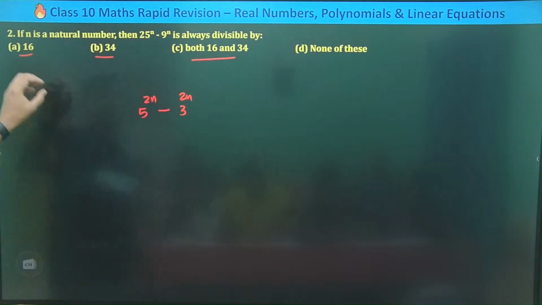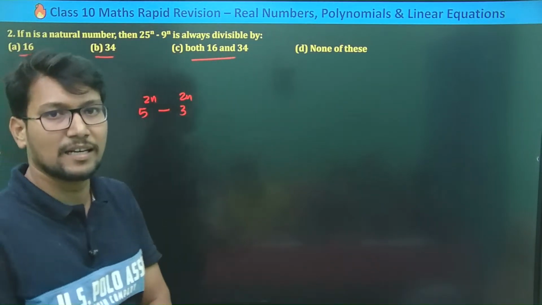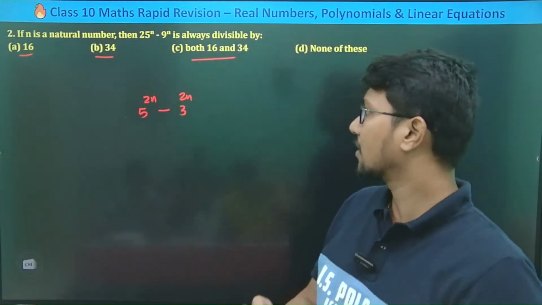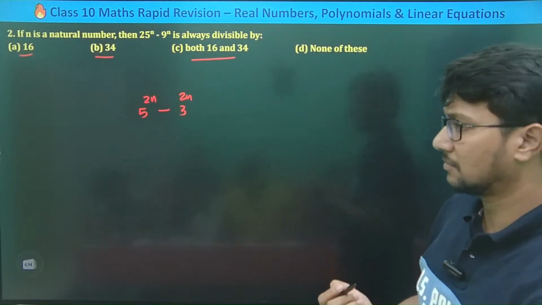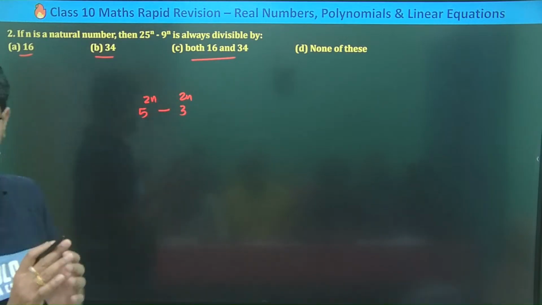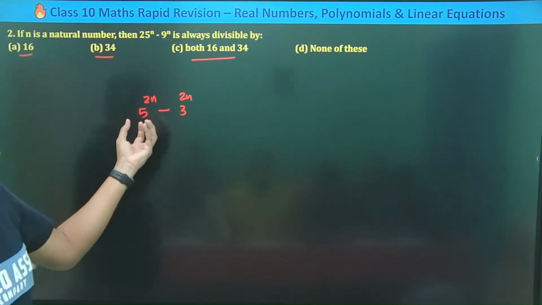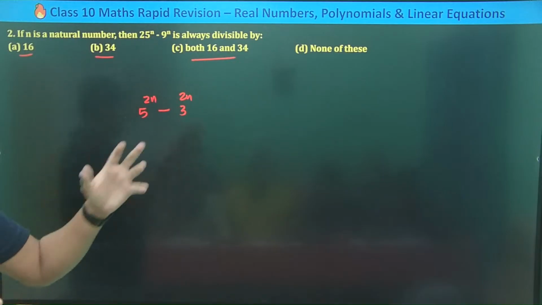Because there is no common factor, it is none of these. Because while writing, if they have any common factor, then it can be divisible by that number. So there is no common.